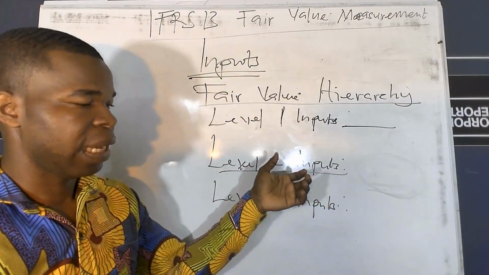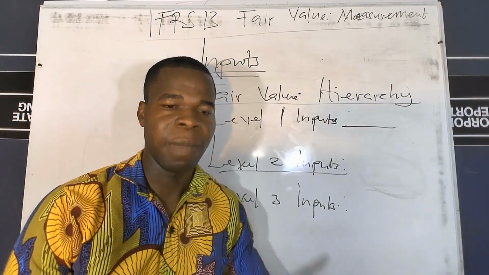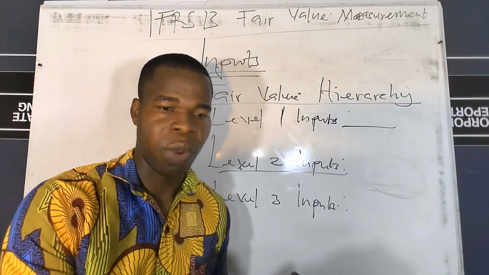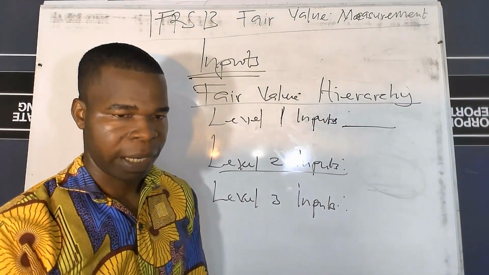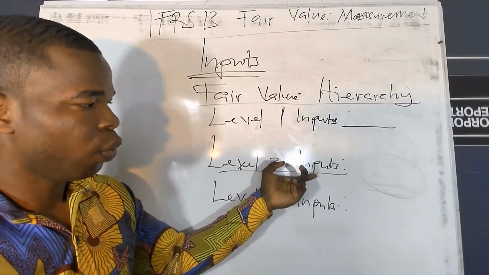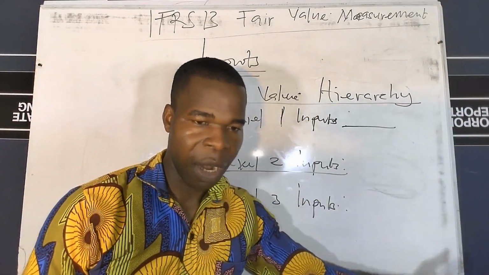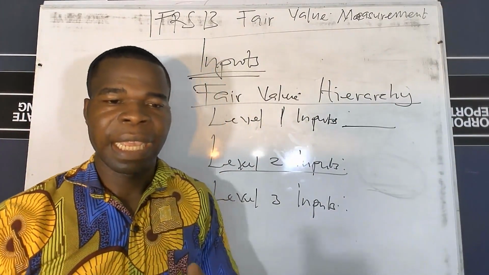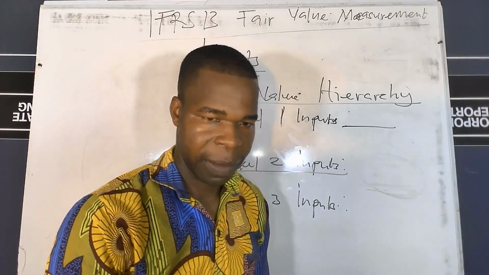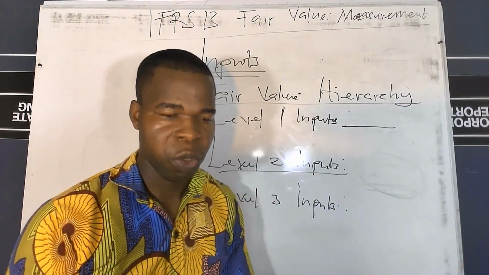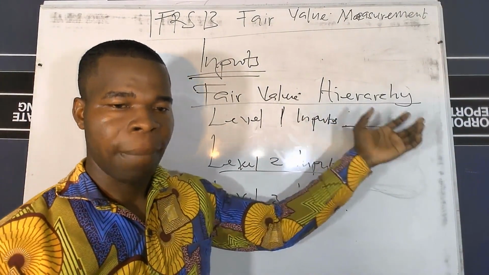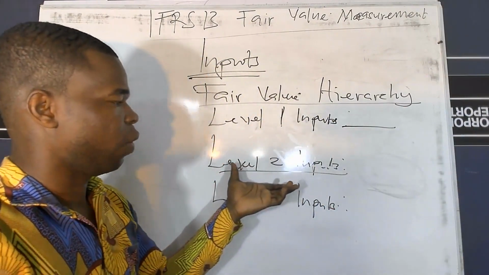Level 2 includes quoted prices for similar liabilities or assets in an active market, quoted prices for identical or similar liabilities or assets in an inactive market, other observable inputs, and also corroborated market inputs. They all fall under level 2.